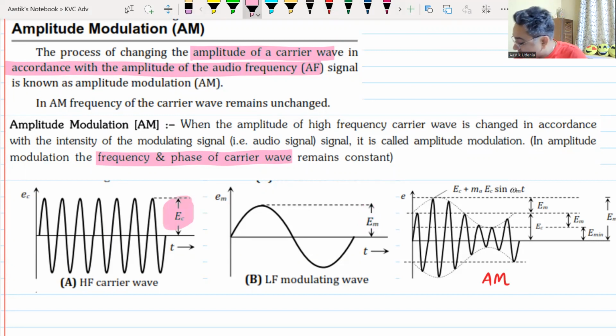This EC is here. Do we see this EC here? Yes, sir. Then your EM is the distance between EC and the maximum, or EC and the minimum. Do we see this diagram very clearly?